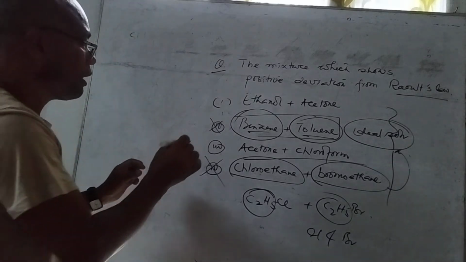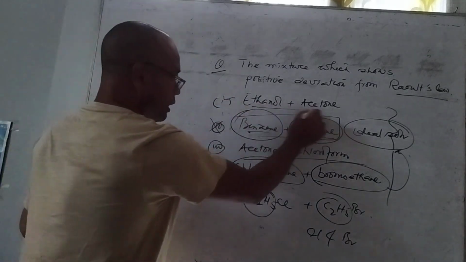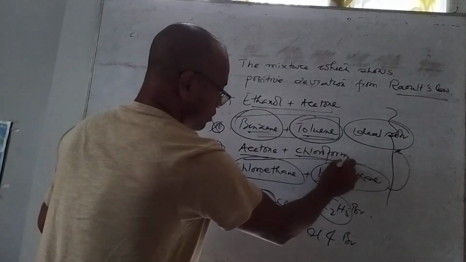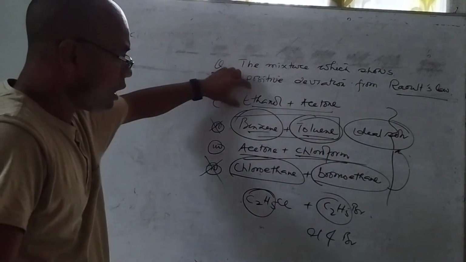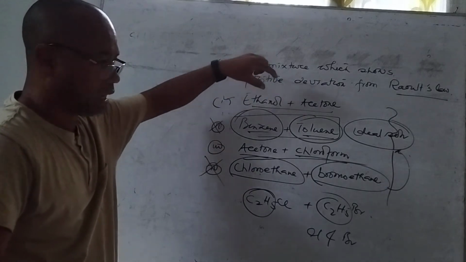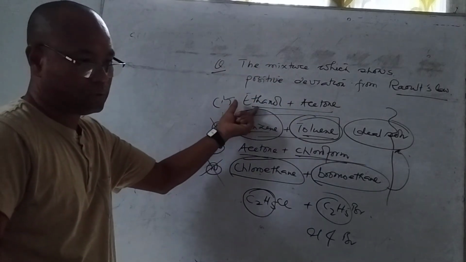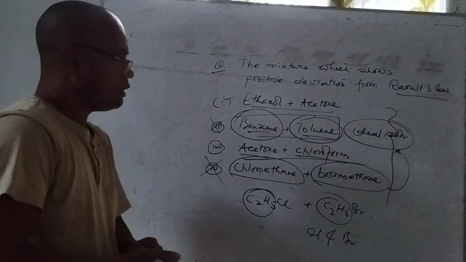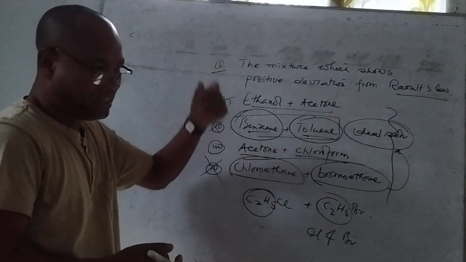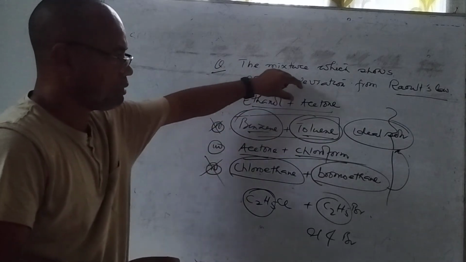Now here we have 2 options, ethanol and acetone, and acetone and chloroform, as I said before. See, in ethanol there are hydrogen bonds, and that hydrogen bond is weakened or breaks down when we mix acetone.